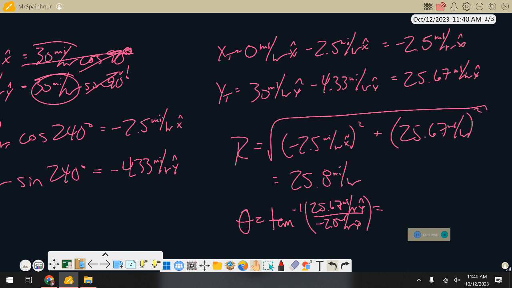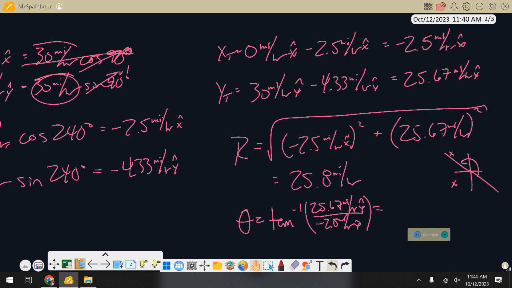Now you'll remember we talked about this the other day. Your calculator screws up the second and the third quadrants because of the signs on this. It just sees a negative and the negative puts it over here in the fourth quadrant. Now the solution is simply add 180, and that's going to put it over there.